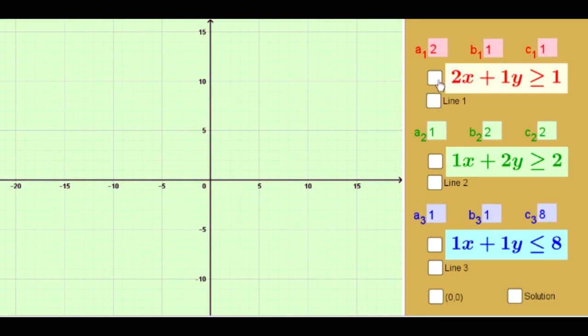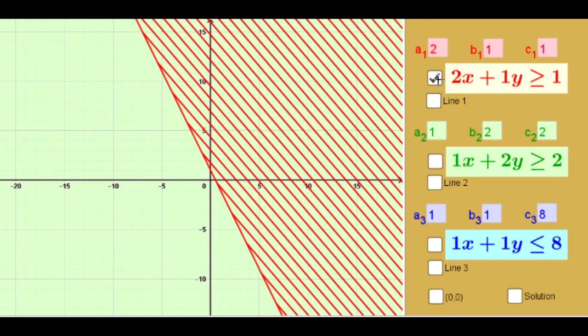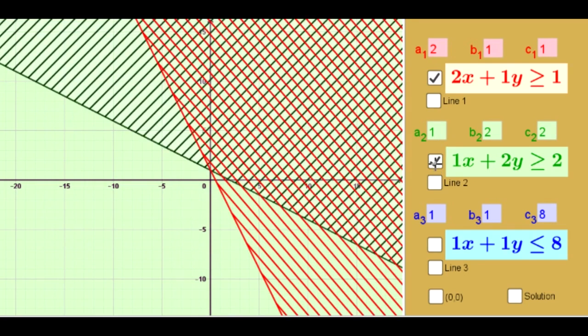Now let us consider inequalities 1 and 2 given on the screen. One inequality is in red color and the other is in green color. The shaded portion which contains both red and green color is called the solution of the inequalities.